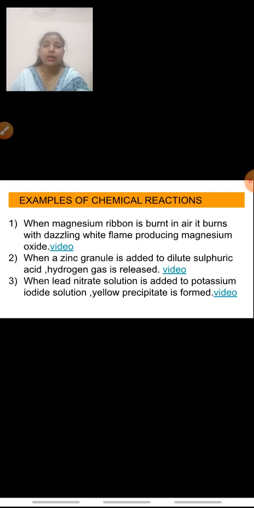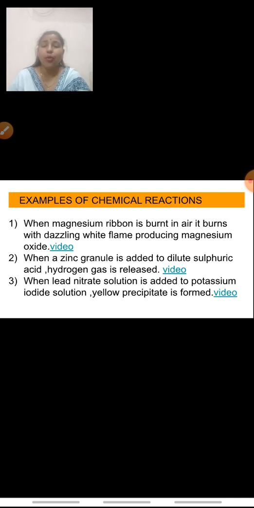Generally, when a chemical reaction takes place, many things can happen, like the release of a gas, formation of a precipitate, change in color, or evolution, or you can say the absorption of heat. Any of the things when taking place are called the characteristics of chemical reactions. That means when a chemical reaction takes place, any of these can take place.